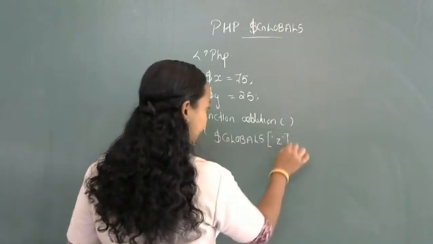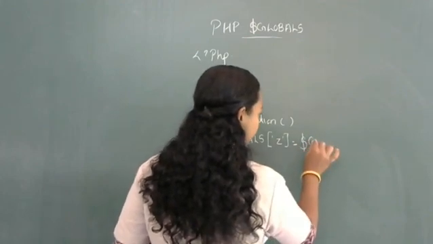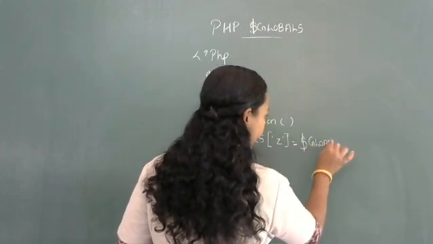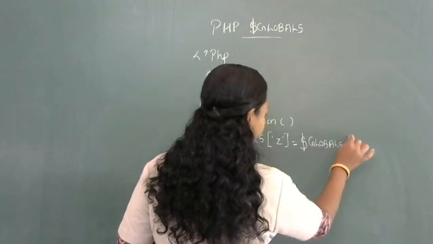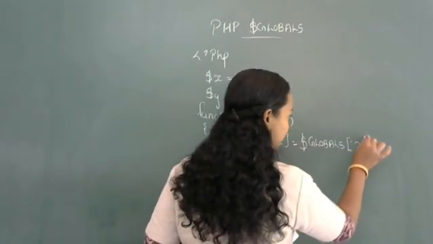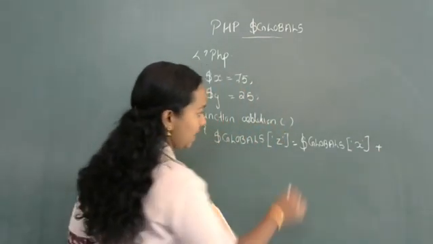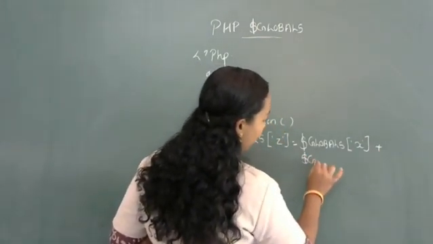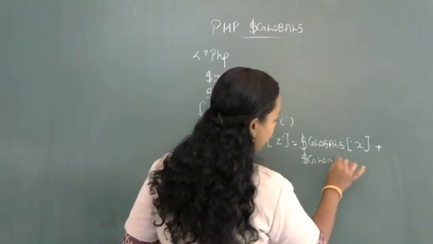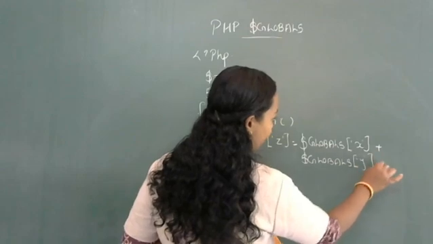$globals of set equal to $globals of x plus $globals of y.